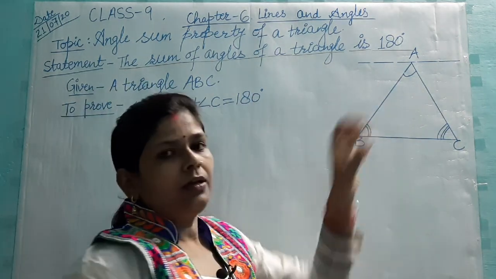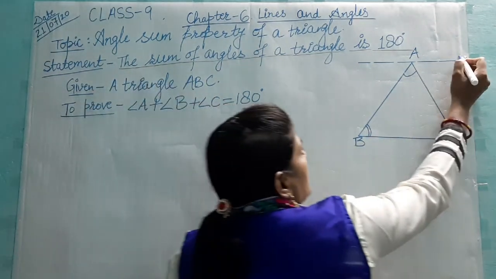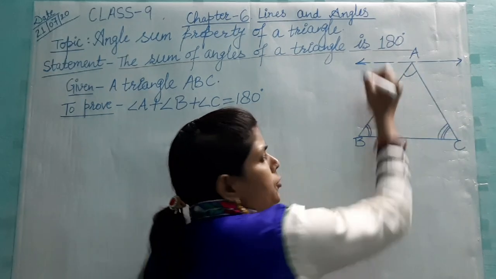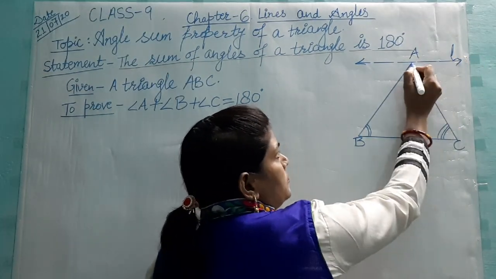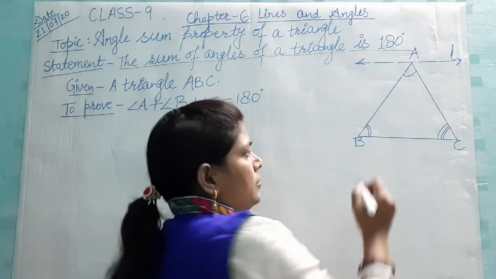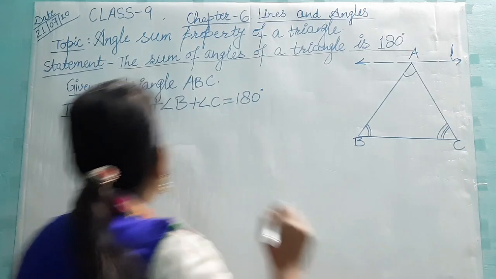Here we do a construction. We draw a line L from vertex A parallel to BC. This is the construction step.